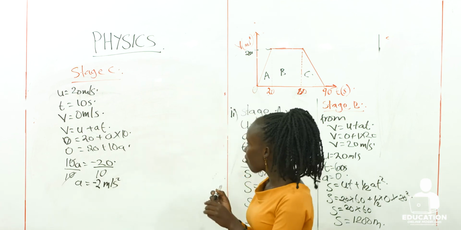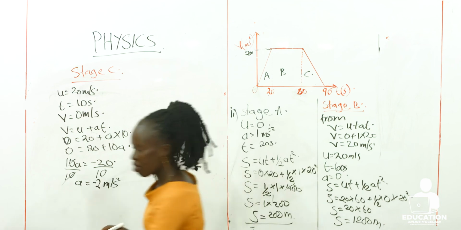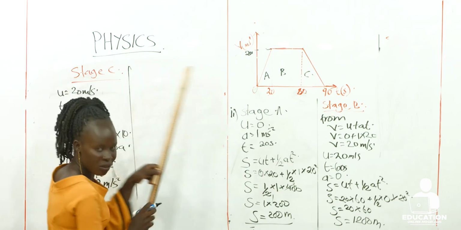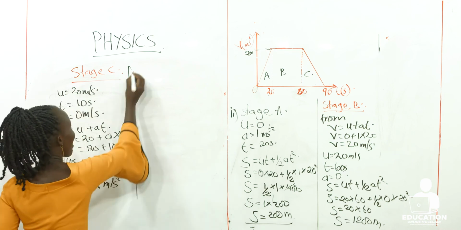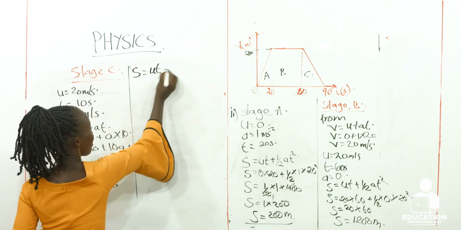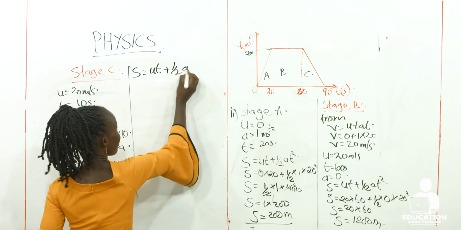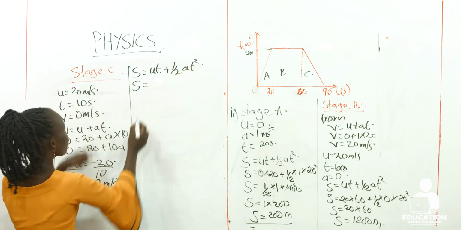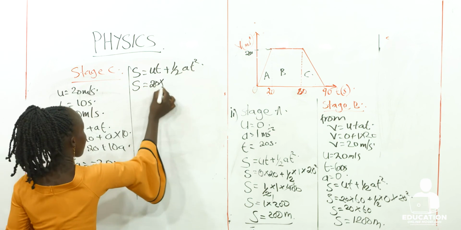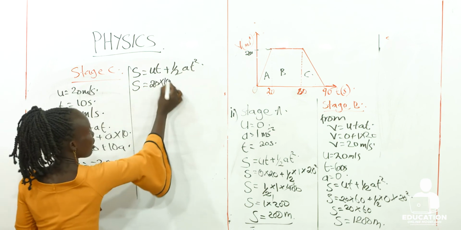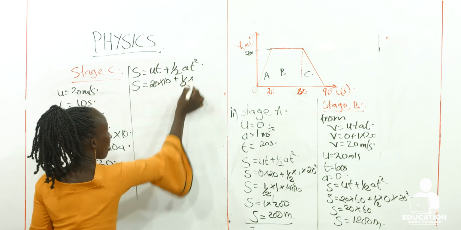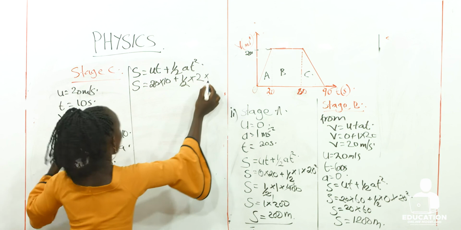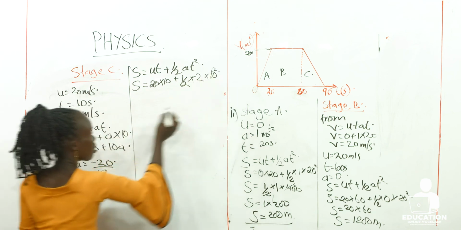Now if you have it like that, we can now get the distance under that. To get the distance, we shall have s equals ut plus a half at squared. Now our distance will be our u, which is 20, times our time, which is 10, and then plus a half, our deceleration, which is negative 2, and then our time, which is 10, but this time it is squared.